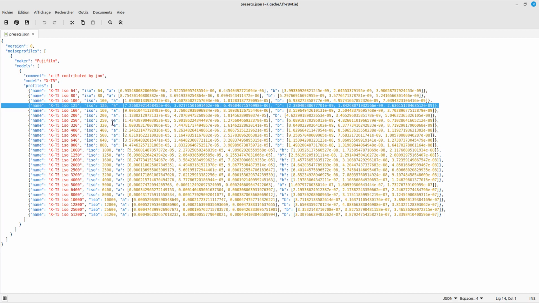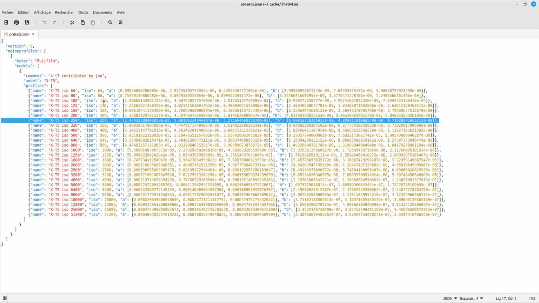If I multiply the ISO value by 2 to get 250, I get something which is almost 6. So almost 2 times this value. So this is a trend which is very frequent. It allows to check consistency of the noise profile. So usually when we multiply the ISO value by 2, you multiply the A value by 2 as well.